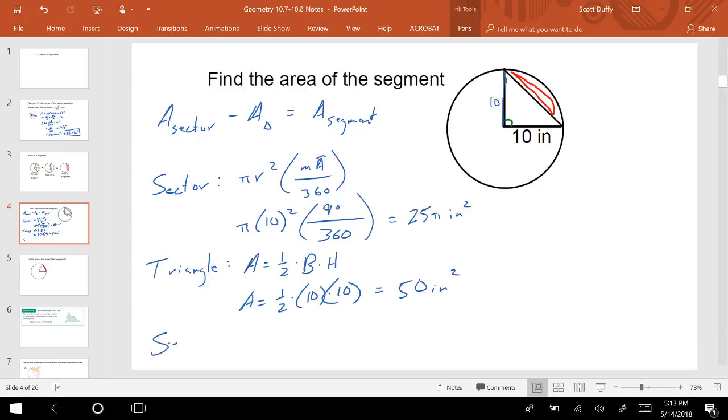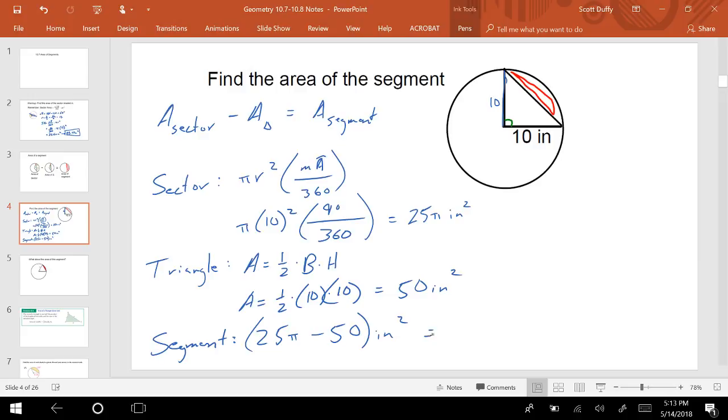The segment is equal to the sector, which is 25 pi, minus the triangle, 50. So you could leave it in terms of pi, 25 pi minus 50 square inches.